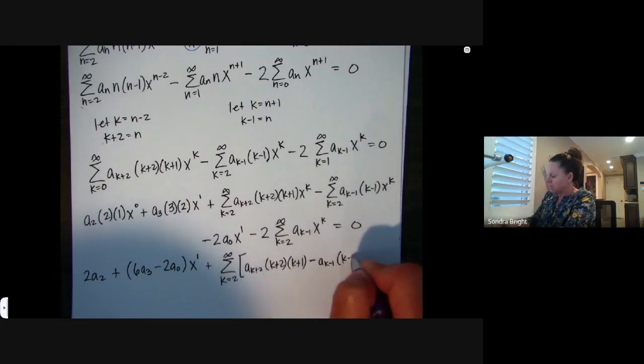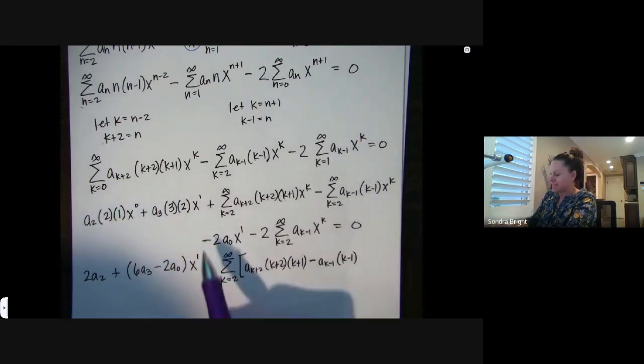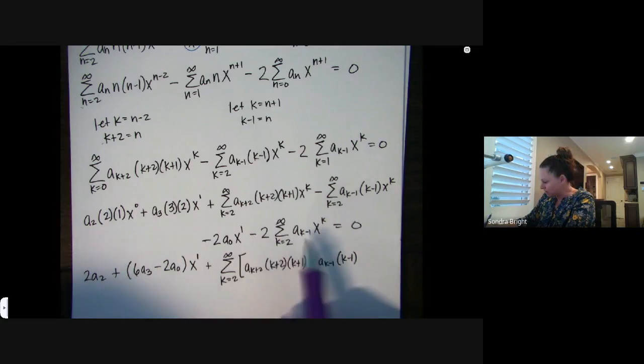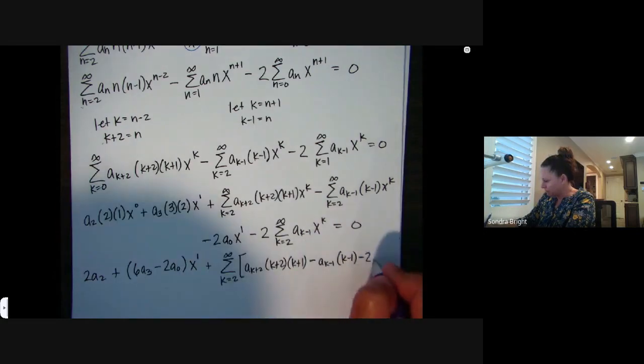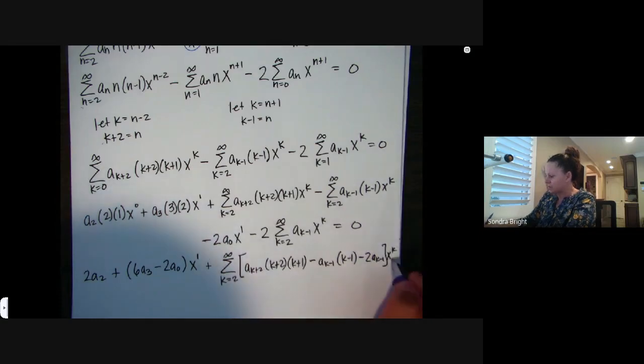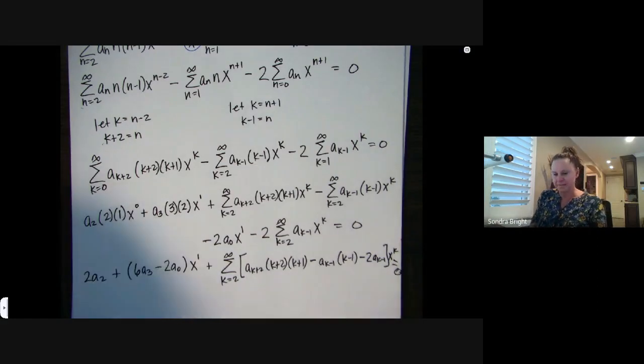And I already got that guy. And then a minus 2 a sub k minus 1. All of that was times x to the k. And then this whole equation is equal to 0.